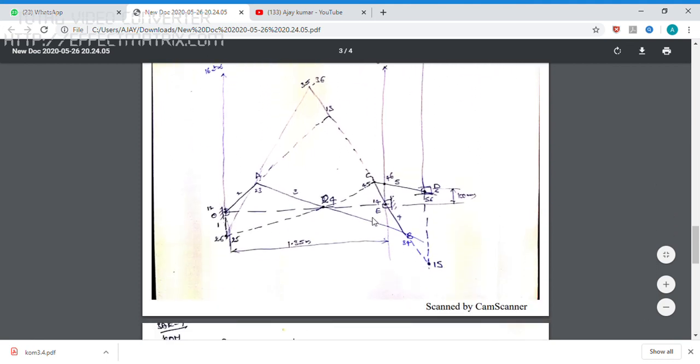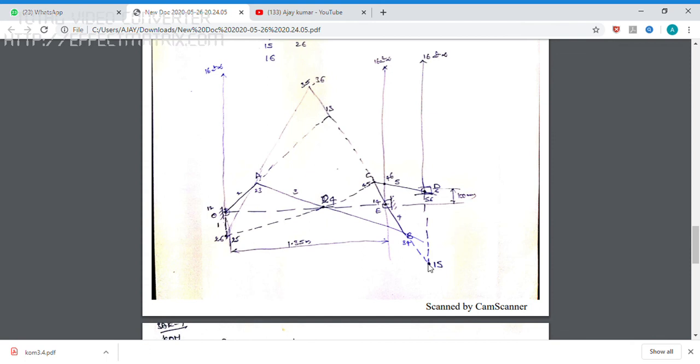Extend 1 4 and 4 5. Where the two lines meet each other, indicate that intersection point as the 1 5 instantaneous center.